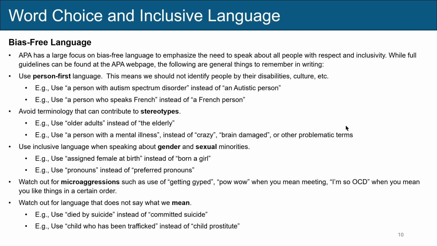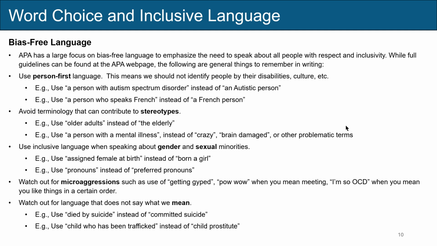Now, APA, through the Inclusive Language Guide, through looking at gender neutral words, there's some general things you need to remember for making sure your language use is bias-free in your academic writing. First is using that person-first language. We're not identifying people solely based on any disability or culture they have.